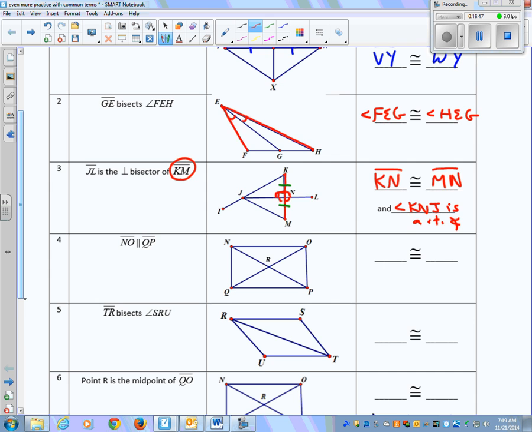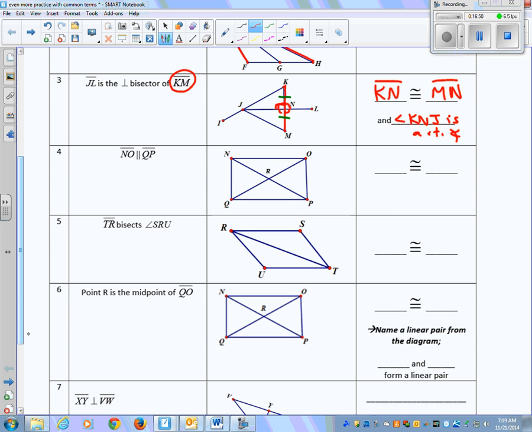All right, and number 4, NO is parallel to QP. Whenever we see parallel, we should be looking for certain angles congruent, and in this case, we could have this angle congruent to this angle by alternate interior angles.